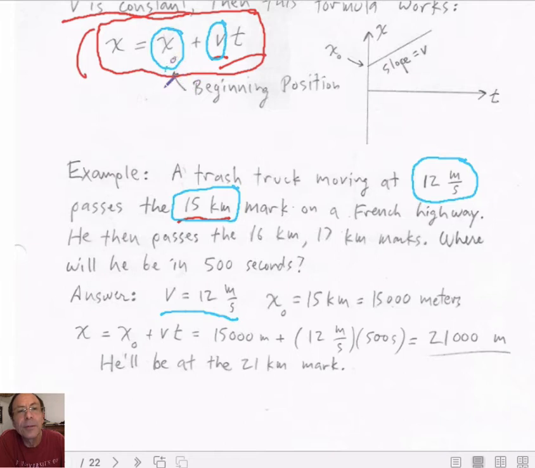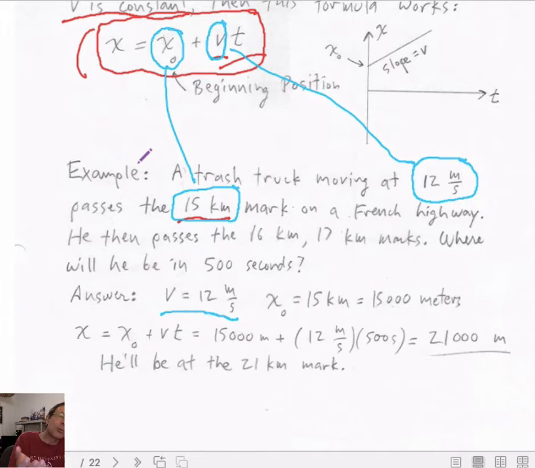These match up and these match up, so now we're ready to use the formula. We have x equals x0 plus vt, and x0 was 15 kilometers. Kilo, remember, is thousands, so I'm writing down 15,000 meters.